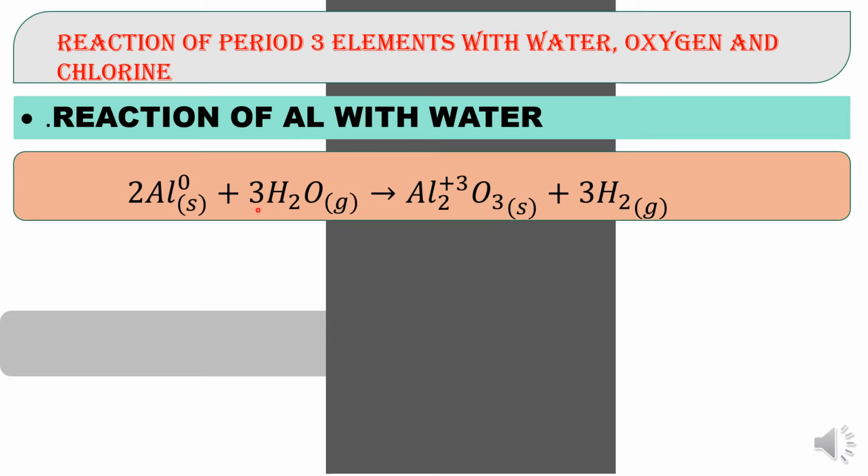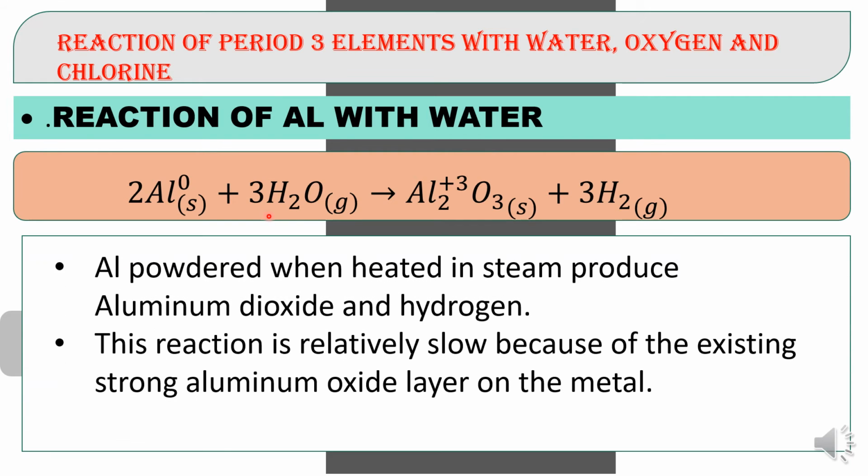When aluminium reacts with steam, white aluminium oxide, also called alumina, will be formed, along with hydrogen gas. Here you can see the first point: aluminium powder when heated in steam produces aluminium oxide and hydrogen gas.